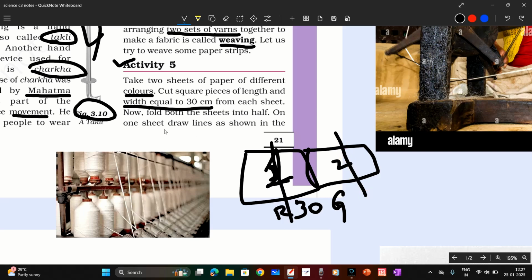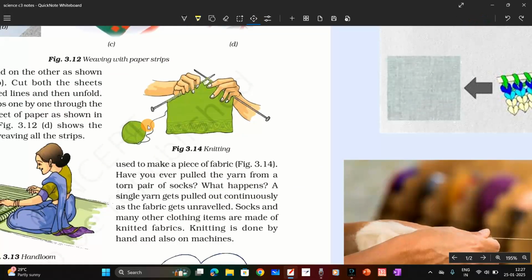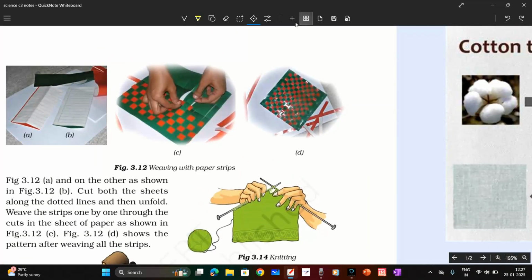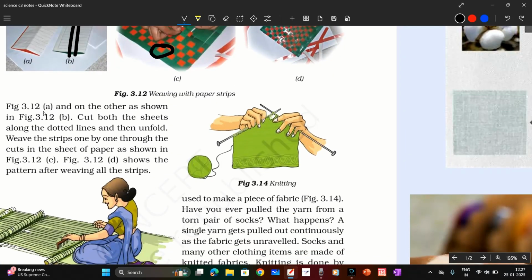On one sheet, draw lines as shown in the figure. You have to draw the lines in this manner, as in Figure 3.2a. On the other sheet, draw as shown in Figure 3.2b.